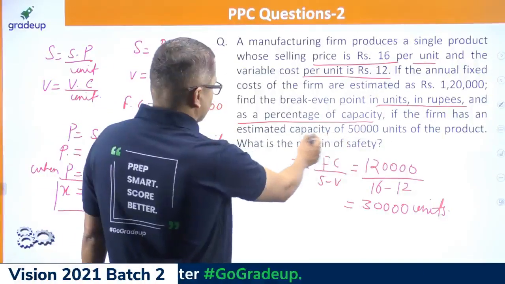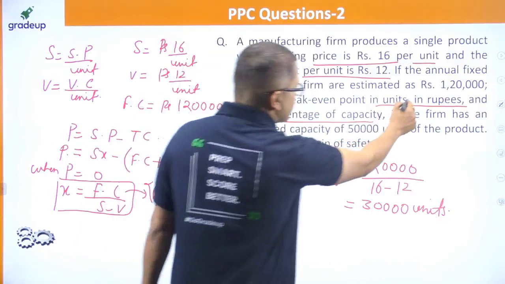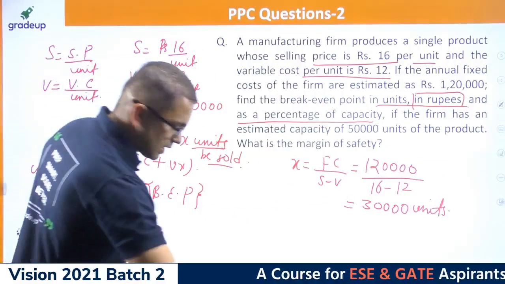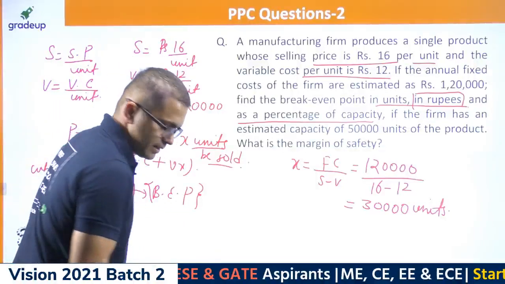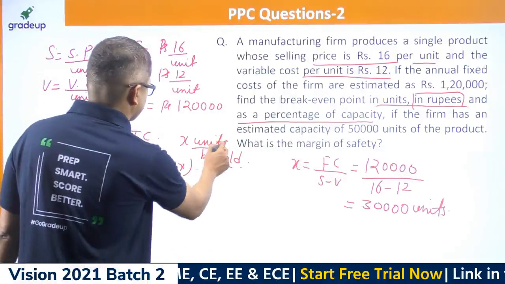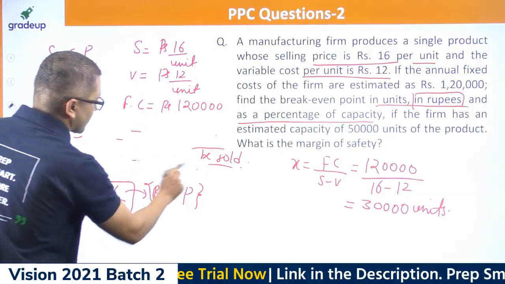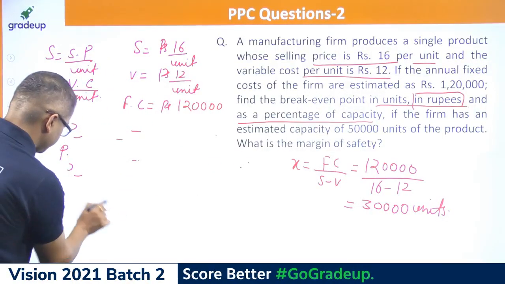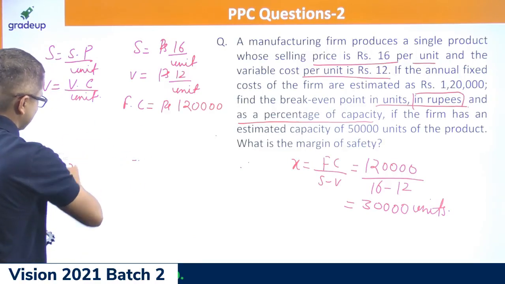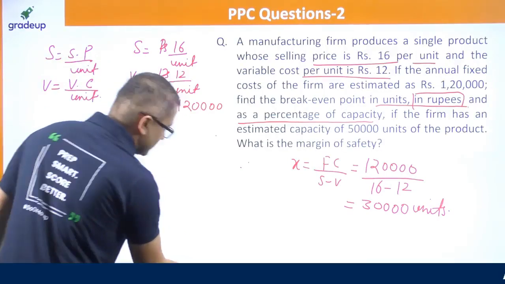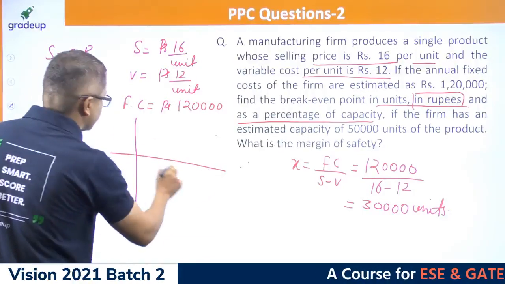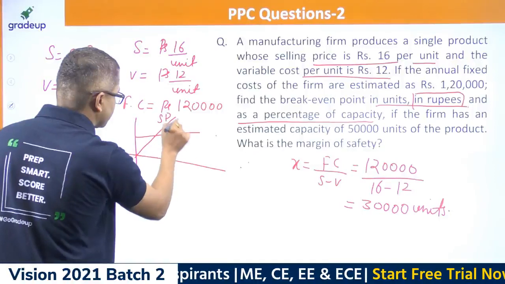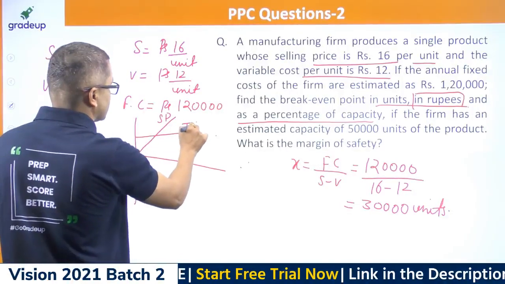Now, in rupees, you need to find out, right? Yesterday we had a graph like this. I'm going to delete this to make it less clumsy. Yesterday we talked about a graph like this. We said this is selling price, and this is total cost.